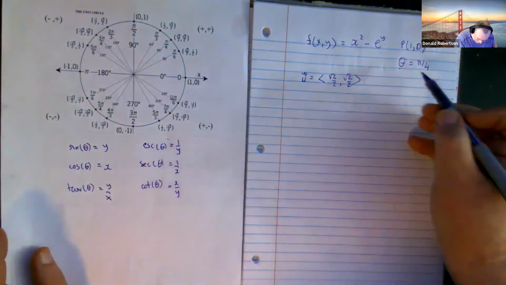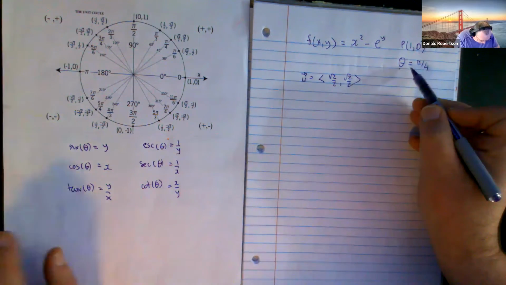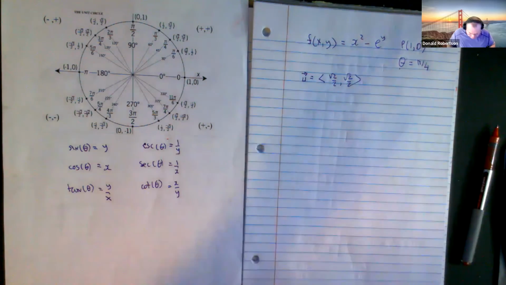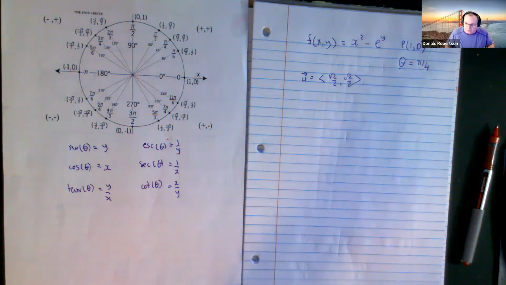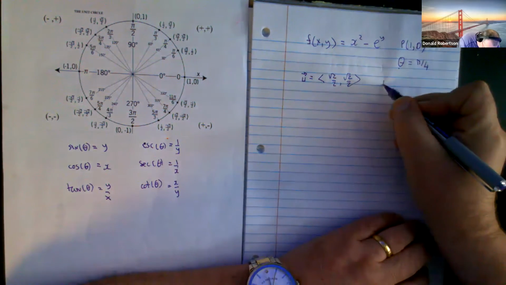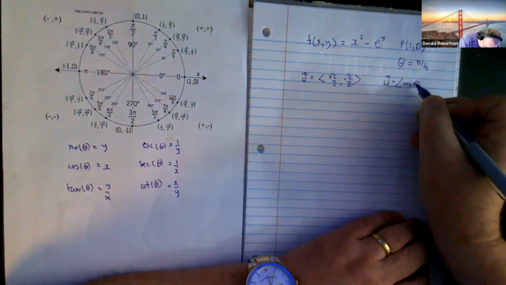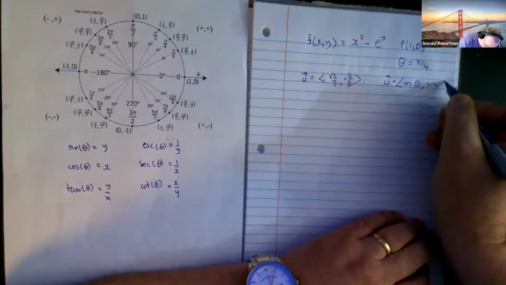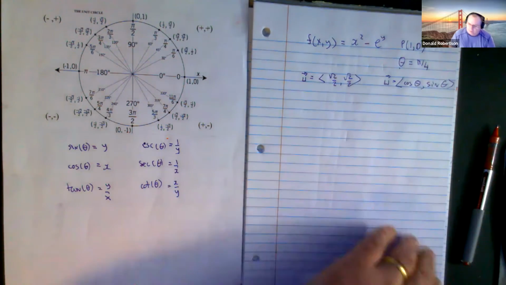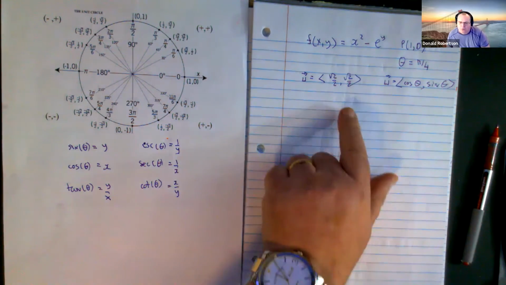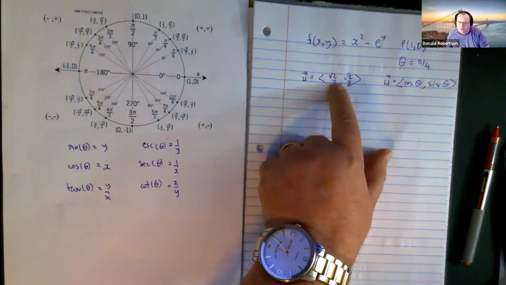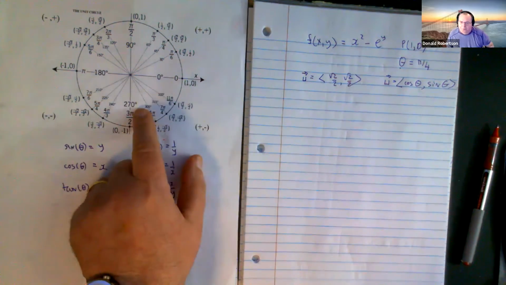Now, if that angle is not on the unit circle, like 7/5 pi or so on, then the unit vector is cosine of whatever theta is and sine of whatever theta is. So you might have some decimals in that case. But I think every homework question has been a standard angle, so you'll be able to get it from here.